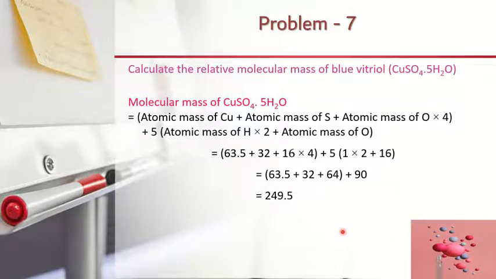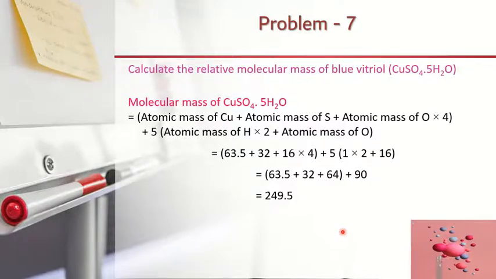This is the relative molecular mass of blue vitriol, copper sulfate 5 water. In this way, when you know the relative atomic mass of every atom from atomic number 1 to 30, then you can calculate the relative molecular mass of compounds also.